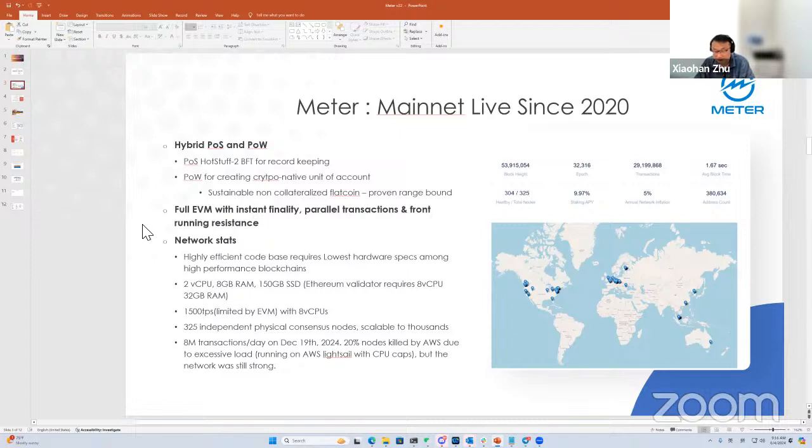It has a couple of advantages. Basically, it's more resilient to network attacks. You can support a more decentralized validator network, and also without giving up on performance. Right now we have about 320 consensus nodes from the community.